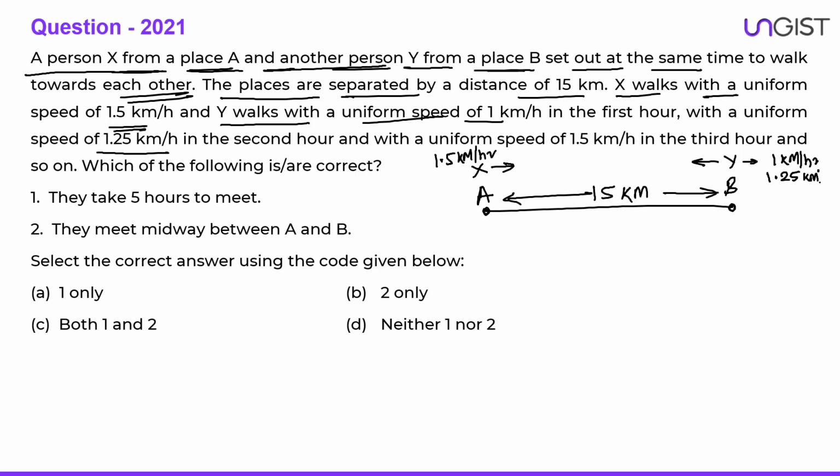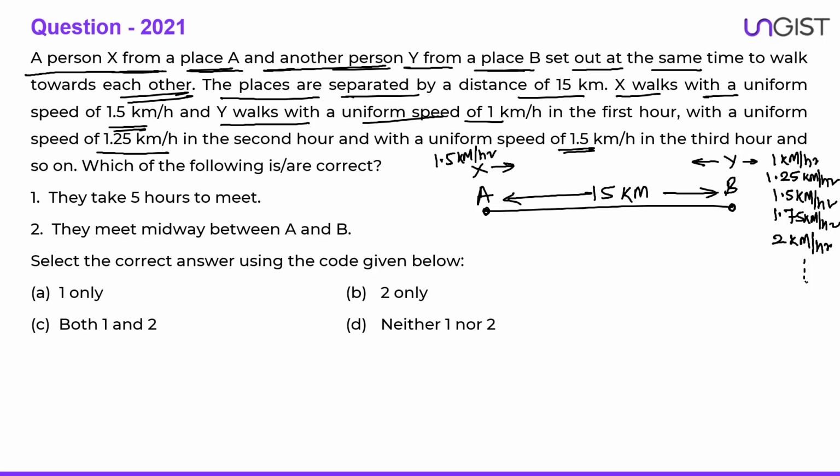And with a uniform speed of 1.5 km per hour in the third hour and so on. It means in every hour, he is increasing his speed by 0.25 km per hour. So obviously in the fourth hour, his speed will be 1.75 km per hour. In the fifth hour, his speed will be 2 km per hour and so on. This is the pattern in his speed.